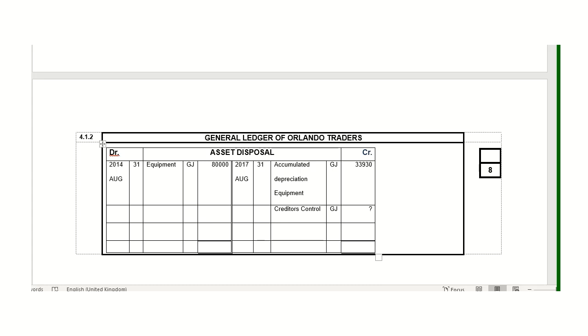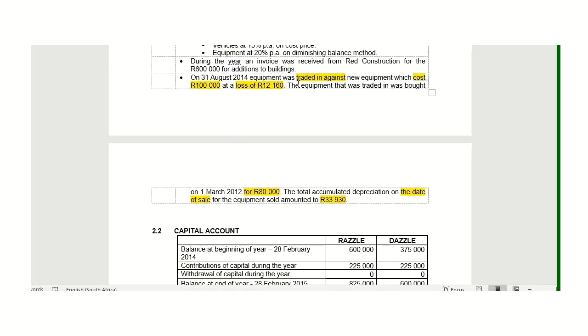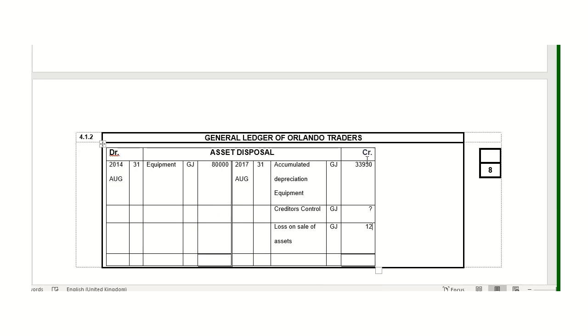And if I debit an account, it will be an expense, so it's a loss. Other way around would be a profit. So loss on the sale of assets, still on the general journal, and they gave me the loss. I didn't have to calculate it. They told me it's 12,160. So now I've got all the transactions recorded here. The only one I need is that one.